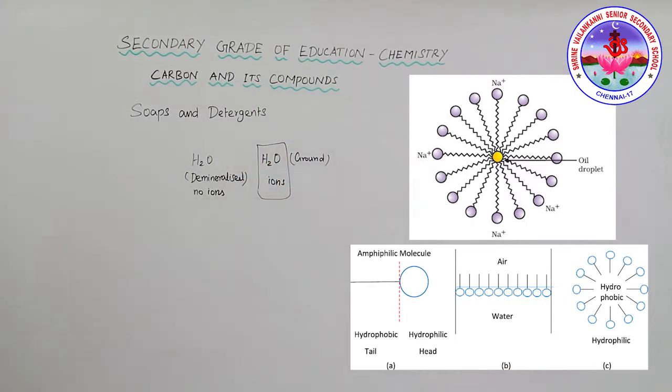Then the micelle formation. The soap molecules have two ends with different properties. One is called hydrophilic, that dissolves in water, while the other end is called hydrophobic, that dissolves in hydrocarbon. When soap is at the surface of water, the hydrophobic tail of soap will not be soluble in water, so the soap will align along the surface of water with the ionic end in water and the hydrocarbon tail outside the water.